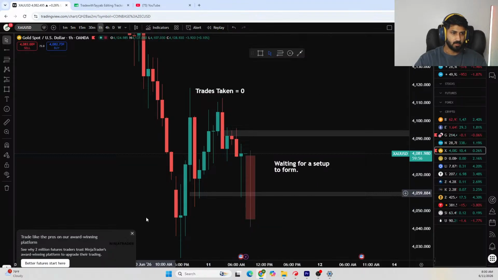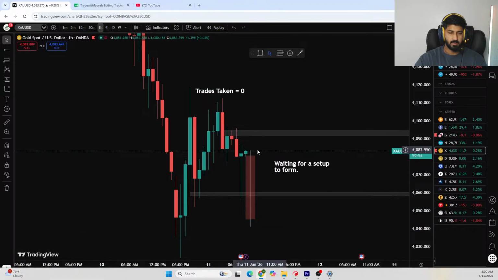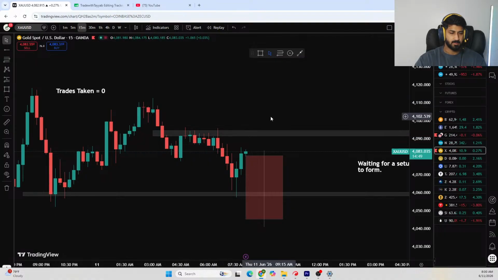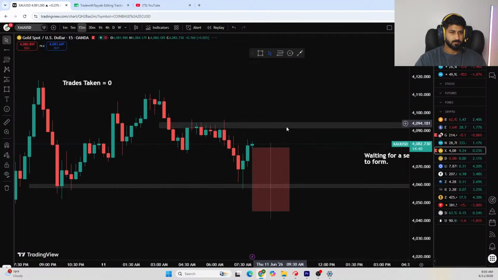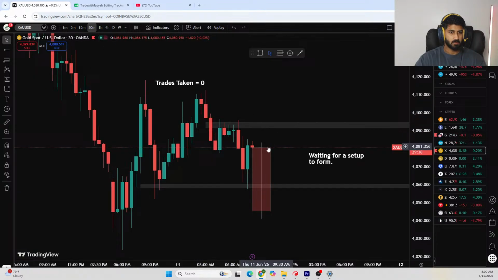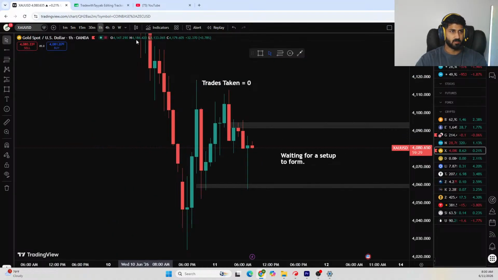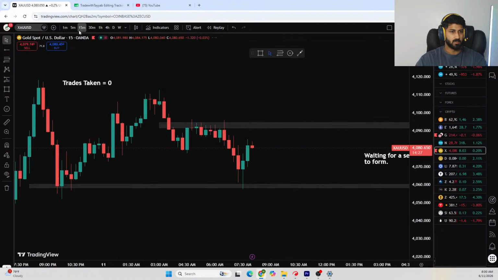Okay, closed green. So it closed back in the range. That's tough. That is tough. I still need to wait for price to give a little bit more direction because right now there is no direction.